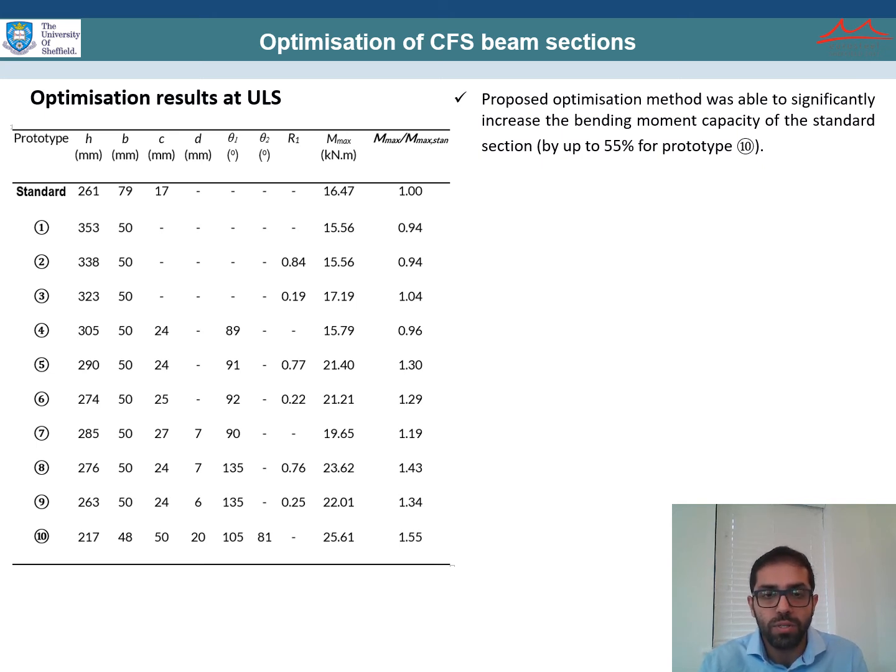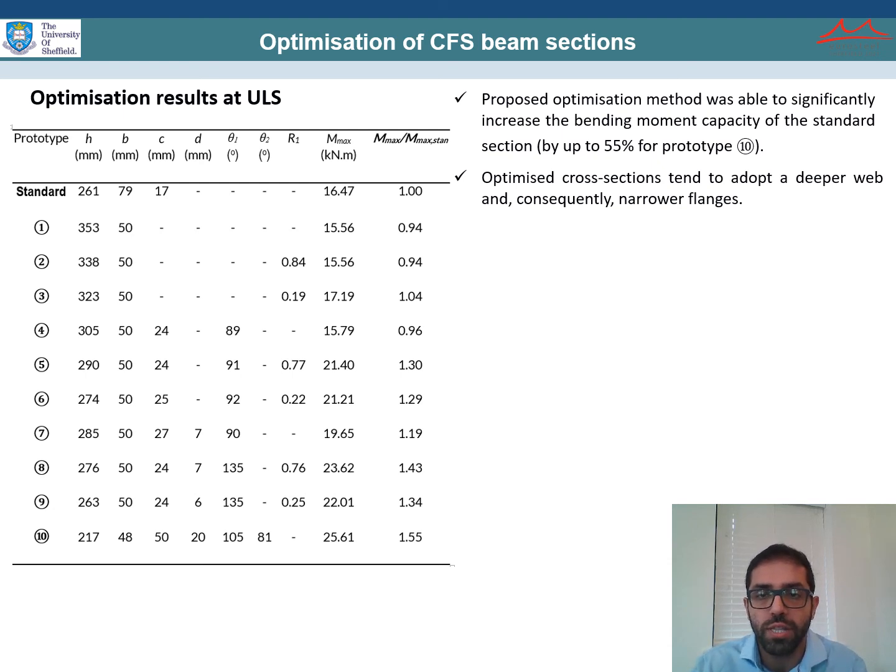As you can see in the results, by comparing M max, the capacity of the cross section, over M max standard, which is the capacity of the standard cross section, we can conclude that the proposed optimization method was able to significantly increase the bending moment capacity of the standard cross section by up to 55% for prototype 10, which is the folded flange section. So using the folded flange section can increase the capacity by 55% compared to the standard cross section.